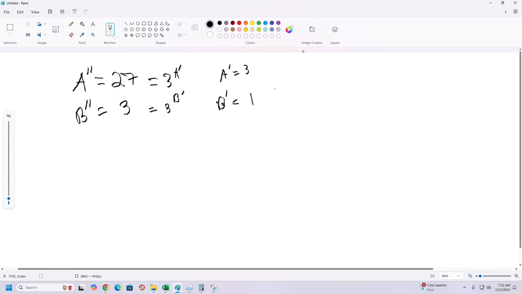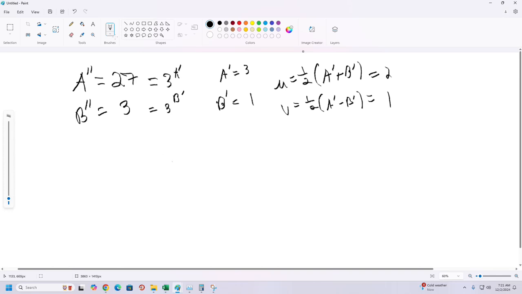We're going to define U as 1/2 A prime plus B prime, which is equal to 2. Define V as 1/2 A prime minus B prime, which is equal to 1. 3 minus 1 is 2, times 1/2 is 1.